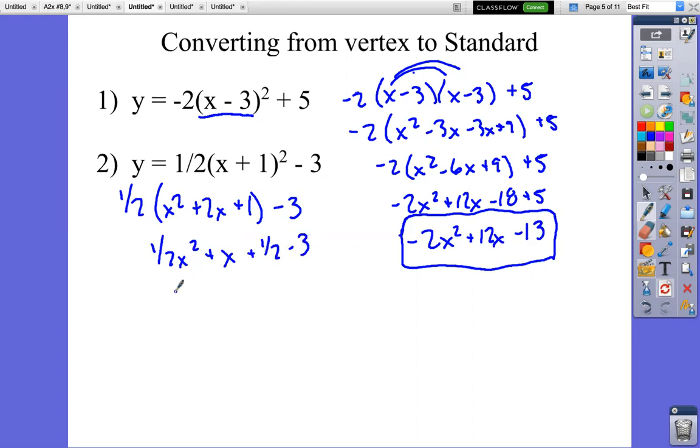Then combine like terms. Oh boy, and that would be minus 6 over 2. And I don't care if you write it as decimals or fractions, but I don't want decimals and fractions in the same equation.